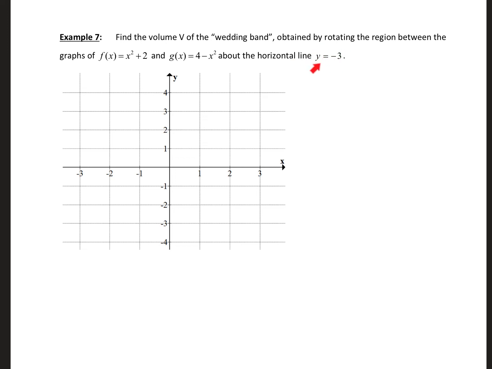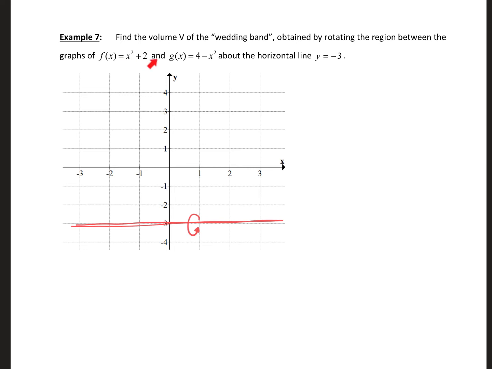Before it was just rotating about the x-axis or y-axis, but now it says y is equal to -3. What does that mean? First of all, this is a horizontal line. When y is -3, the line goes through here. So let me draw that. This is the axis of rotation, so things are going to be rotated around this. Things are going to change a little bit.